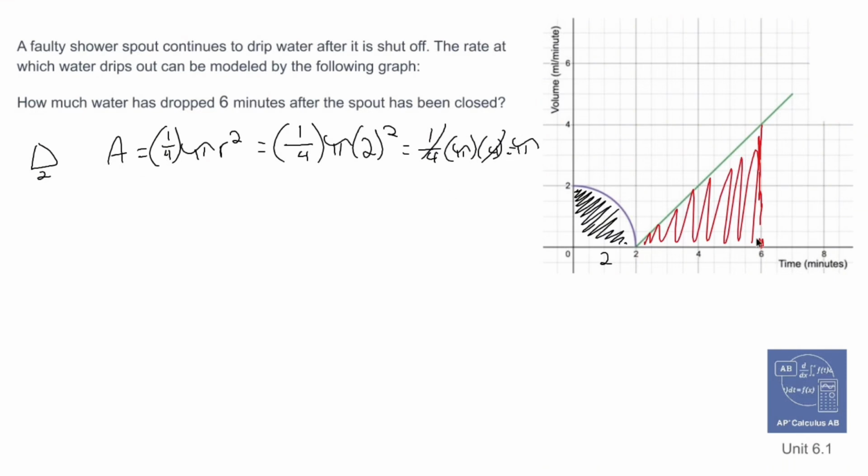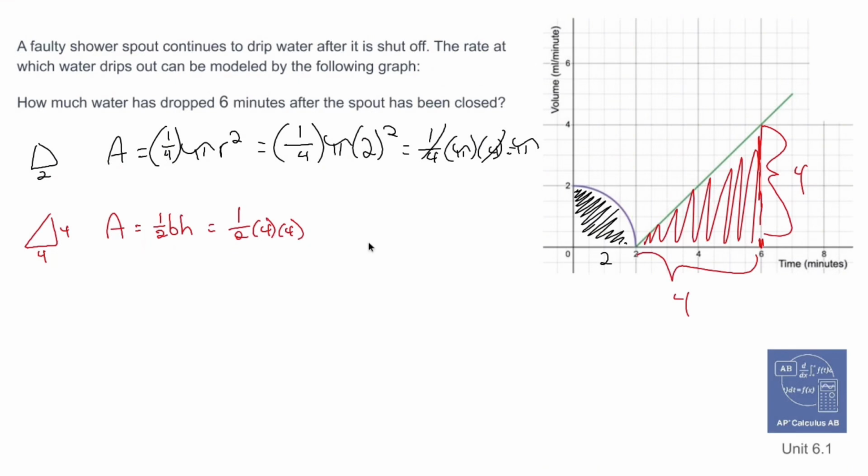Now we have this triangle going on right here. This triangle appears to have a base of 4. The height is going to be 4. So a triangle, base of 4, height of 4. The area of a triangle is half of the base times the height. So half of the 4 times the 4, which is 2 times 4, which is 8.